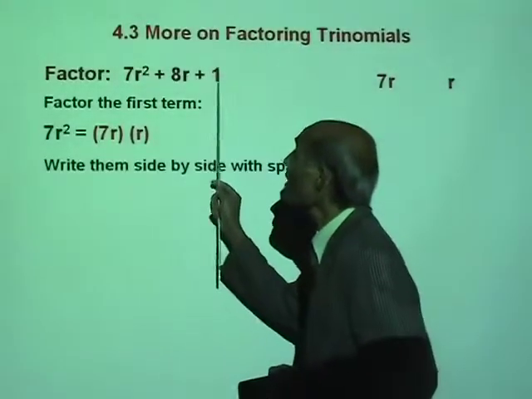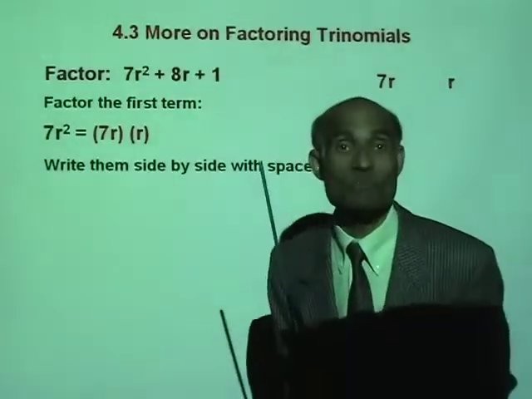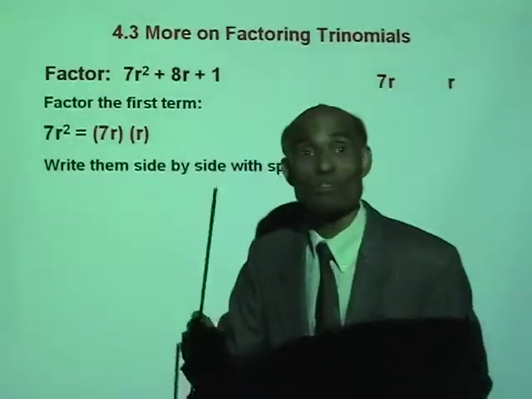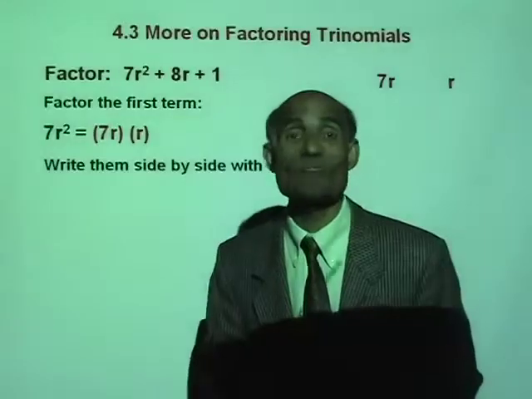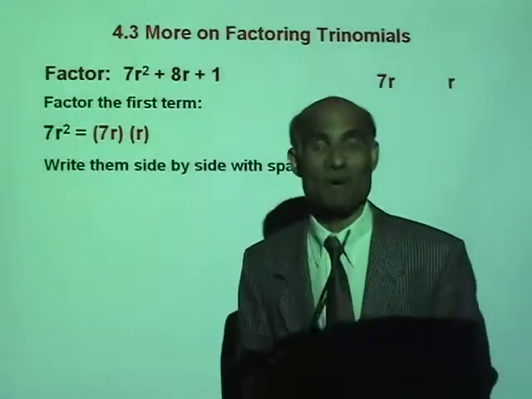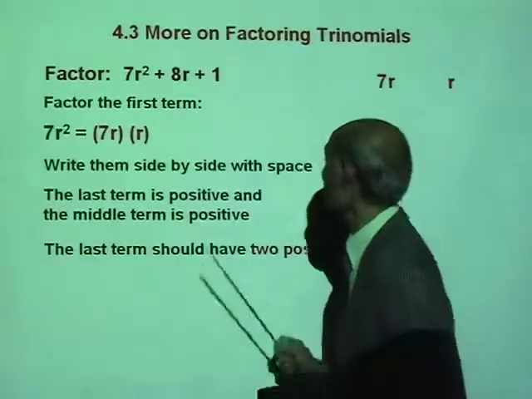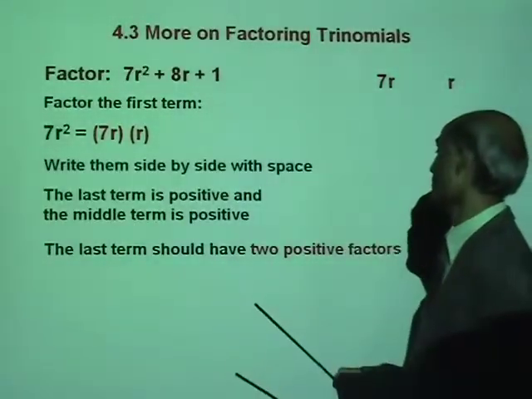And there is only one way to factor the positive 1. Why? Because the middle term is also positive. What is the way to factor a positive 1? Positive 1 is 1 multiplied by 1.